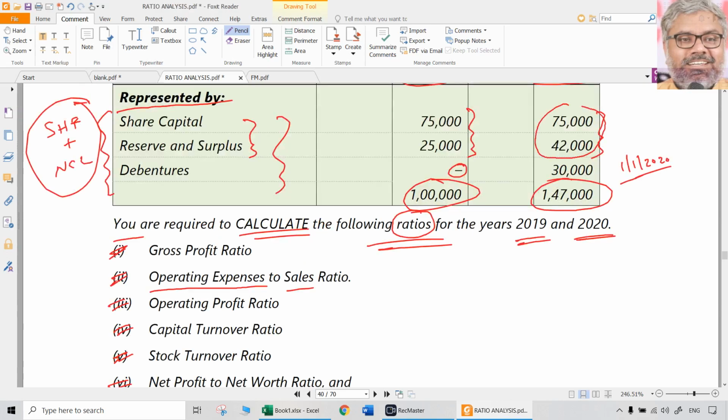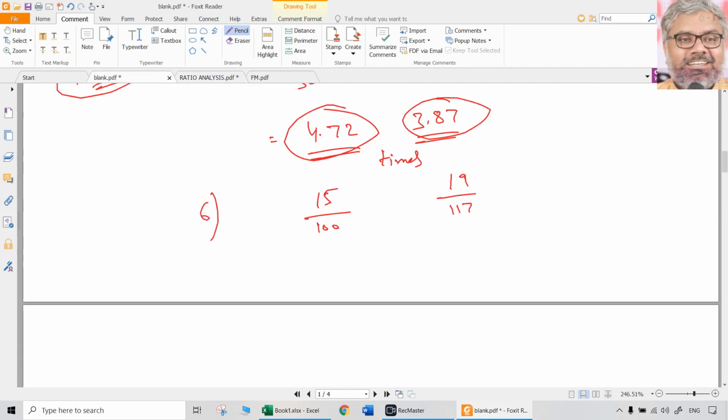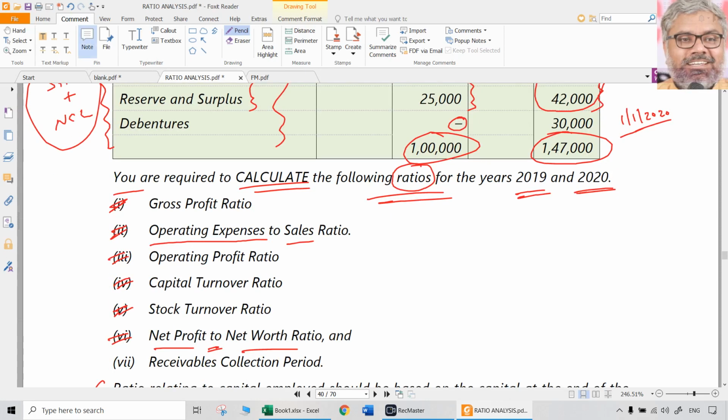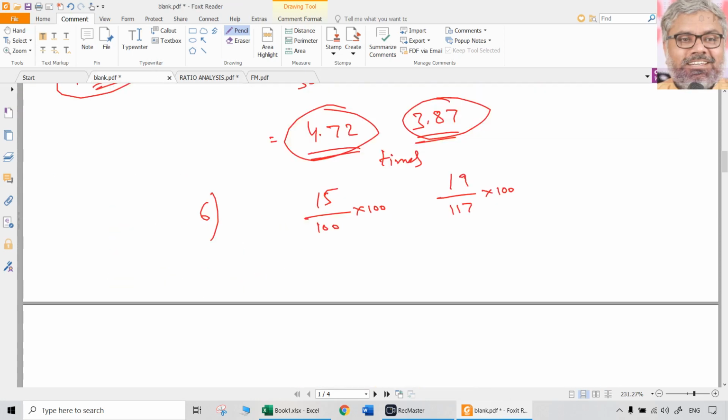So 75 plus 42, that is also same, 117. So how much is this? This has to be expressed as a percentage, because we are talking about a kind of a profitability ratio here, that is net profit to net worth ratio. So 15% this is naturally. Then for the next year it is 16.24%.